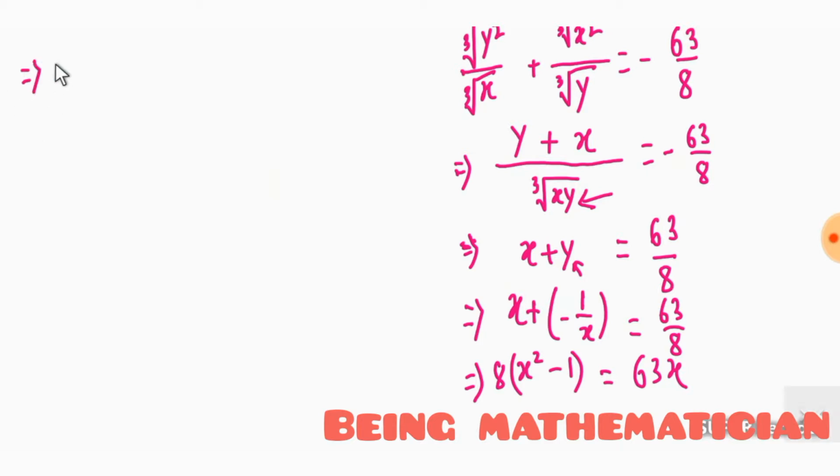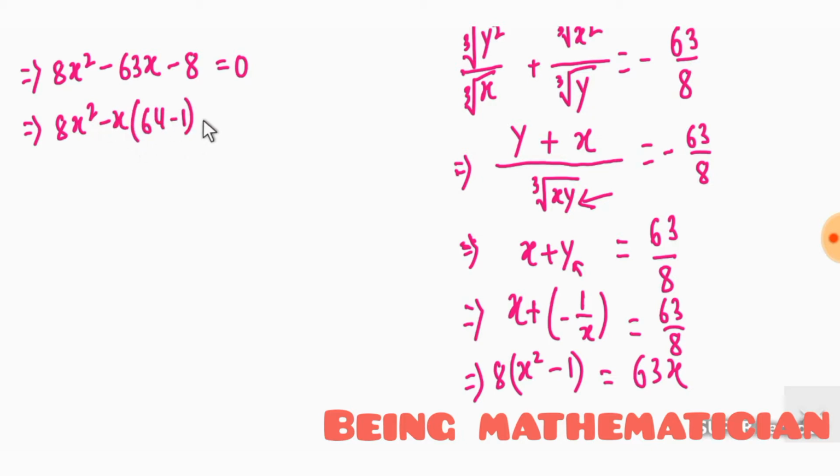And now 8x² minus 63x minus 8 equal to 0. And now 8x² minus x into 64 minus 1 minus 8 equal to 0. 8x² minus 64x plus x minus 8 equal to 0.